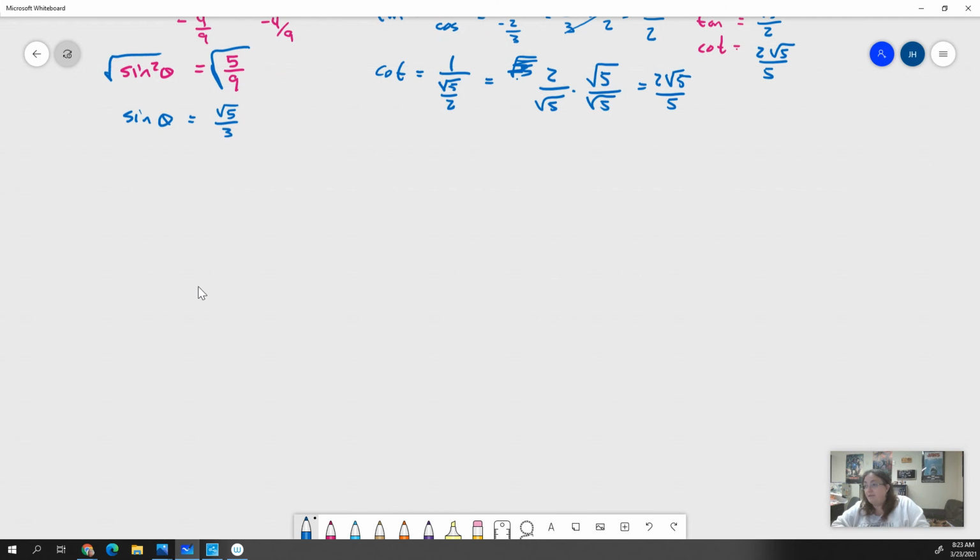Let's see. Our next bit is we're just simplifying, right? So in the last one, we were finding all the trig functions using the identities. Now we're going to use the identities to simplify trig expressions, right? Trying to make them as small as we can.